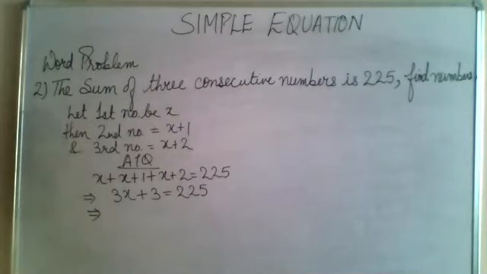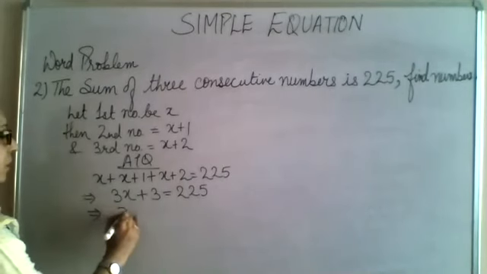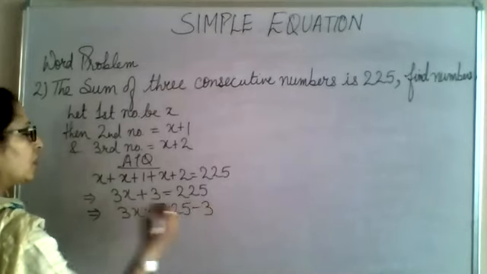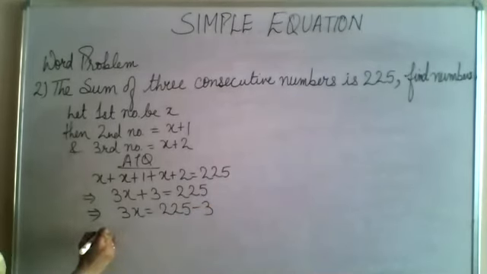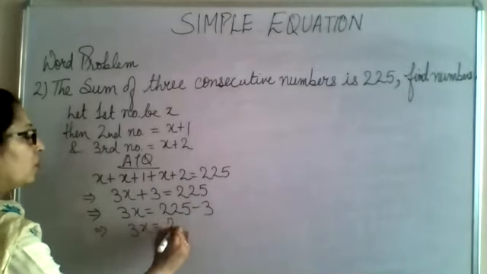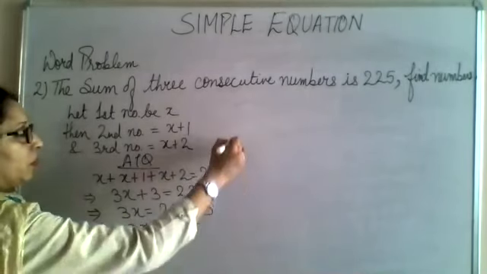Keep variables on one side and take constants on the other side. 3x equal to 225 minus 3, so it will be 222.